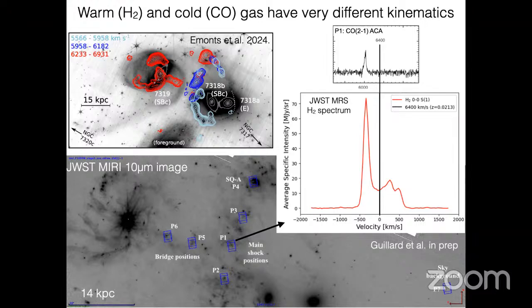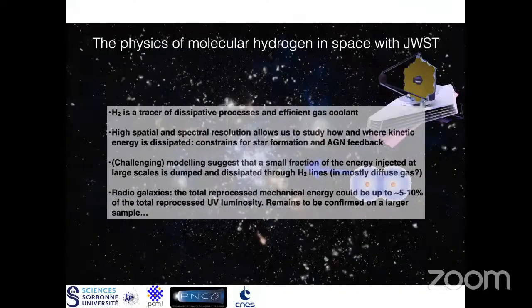And the H2 is spreading over a much larger velocity range, 1,000 kilometers per second. So the kinematics and the location of the warm H2 are very different from what we see in CO. This is a full map of CO. So there are great things to discover between the different phases of warm H2 and CO, and the fact that H2 is a good tracer of mechanical energy dissipation. And here the piston is the galaxy collision. I'm stopping here with conclusions.